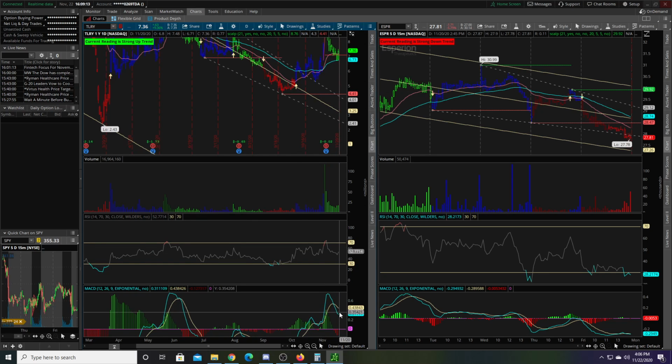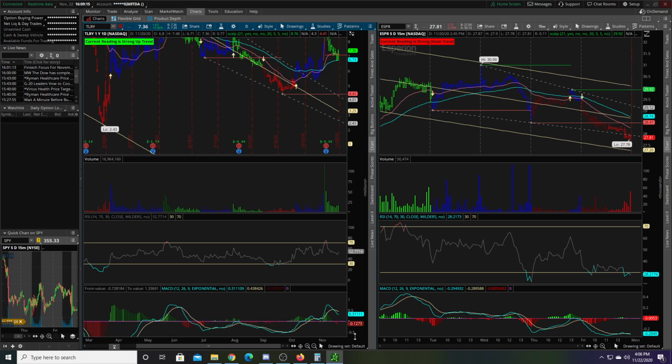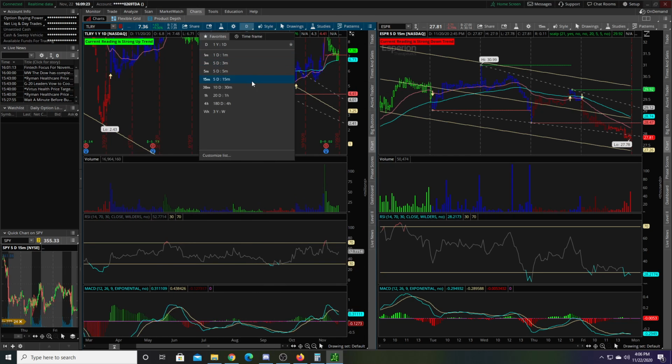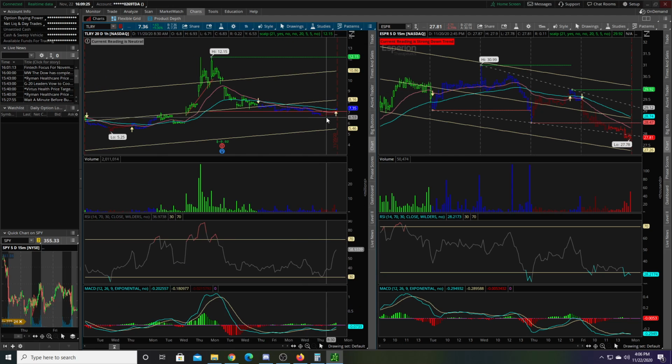It does appear like it's dropping with where the MACD is at, and we are in the upper band rather than being down here on the lower band, and that's on the daily. If we go to the 1 hour, we are on the lower band crossing, and the RSI is not oversold yet.